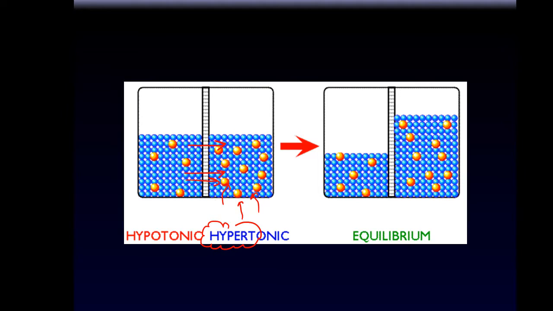It's easier to think in terms of the solute, okay? But what we're really talking about is water movement based on water concentration. Does that make sense? So now look at this again. When you say a solution is hypertonic, okay, you are referring to lots of solutes. When the solution is hypotonic, okay, there's less solute.